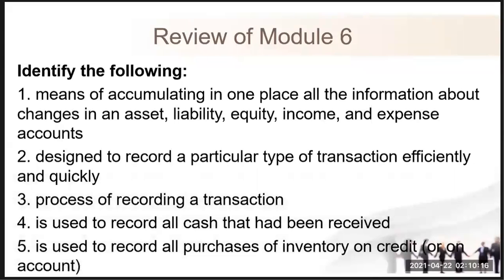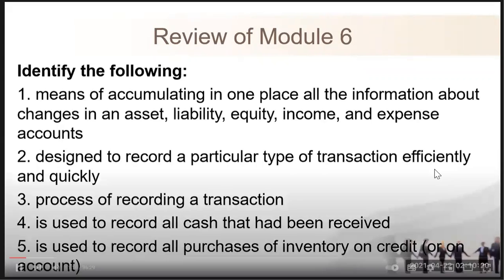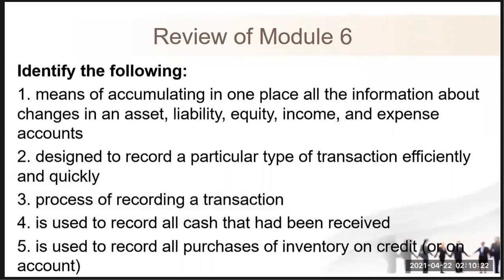Okay, so before we proceed to our lesson, you can answer the following questions as a review for chapter 6, which is the books of accounts. So you can test yourself if you have understood it and familiarize yourself with the last chapter.